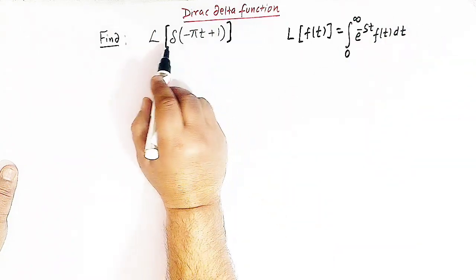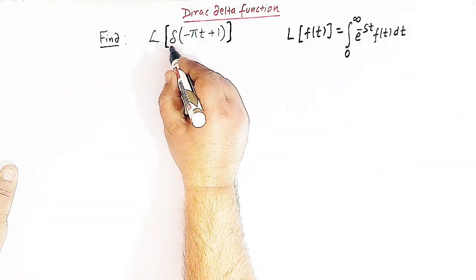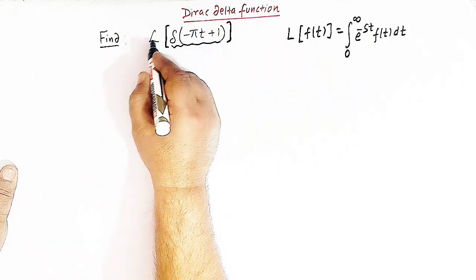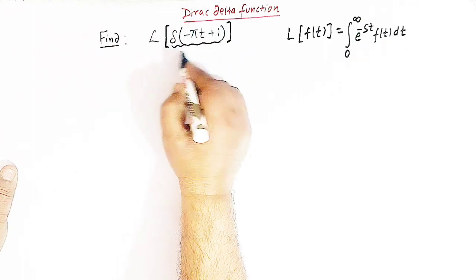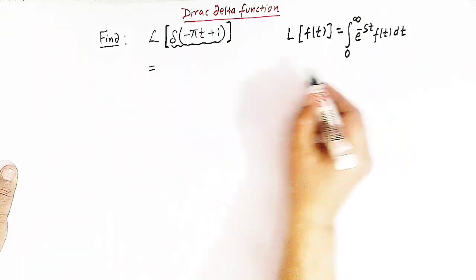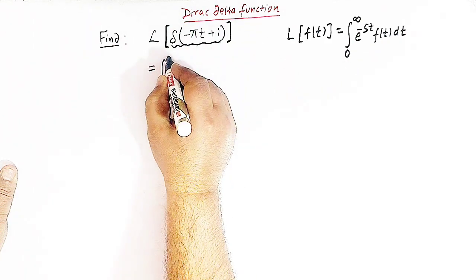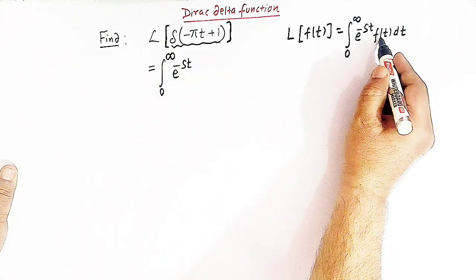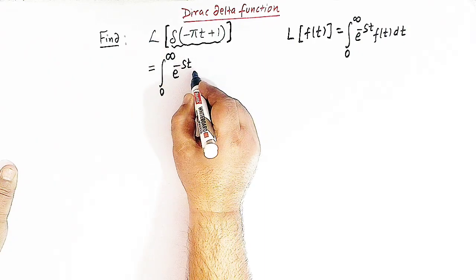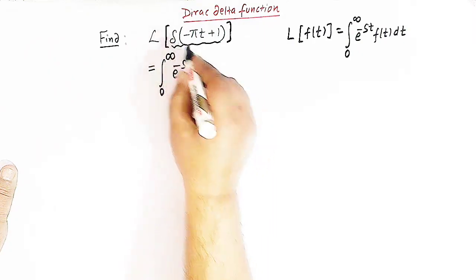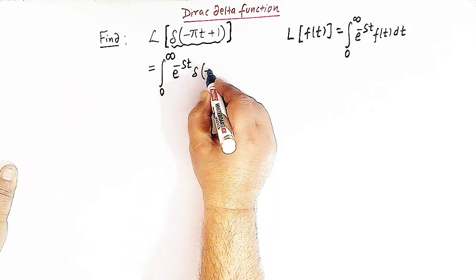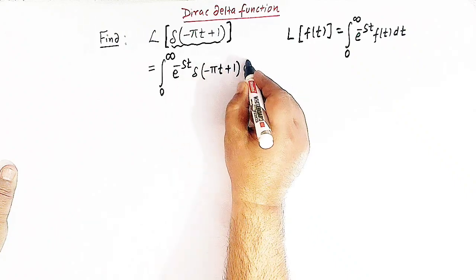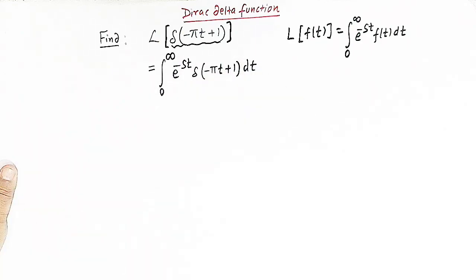Here we can take this function as f of t. So the Laplace transform of this delta function is the integral 0 to infinity e raised to minus st, with f of t replaced by delta of minus pi t plus 1, dt.